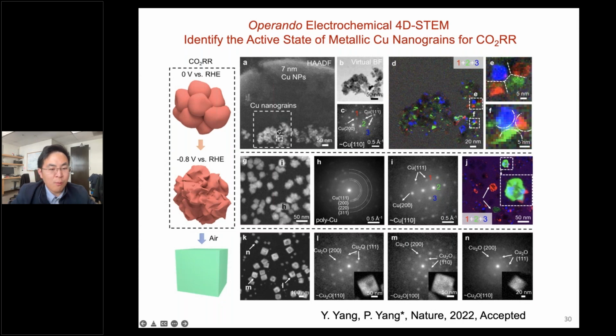And when those nanograins are exposed to air, we see they rapidly evolve into single crystal cuprous oxide. So hopefully by Christmas you will see this work showing up online in Nature, and we are very excited to share it. Now we can use this technique to push the frontier of energy research.